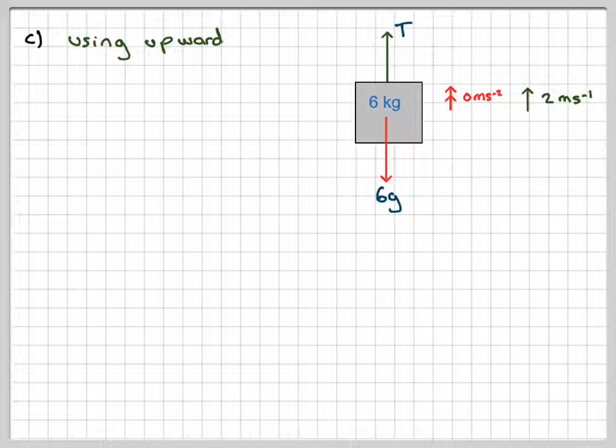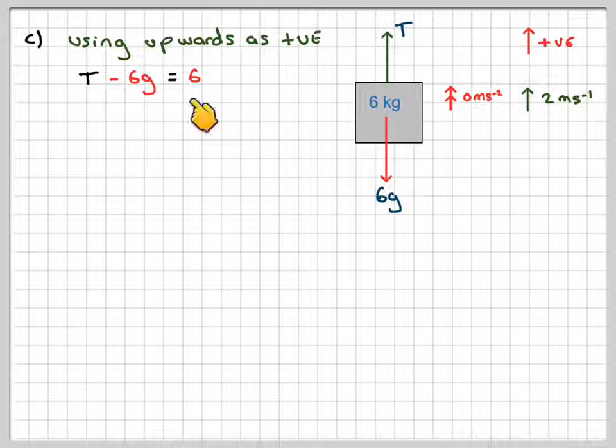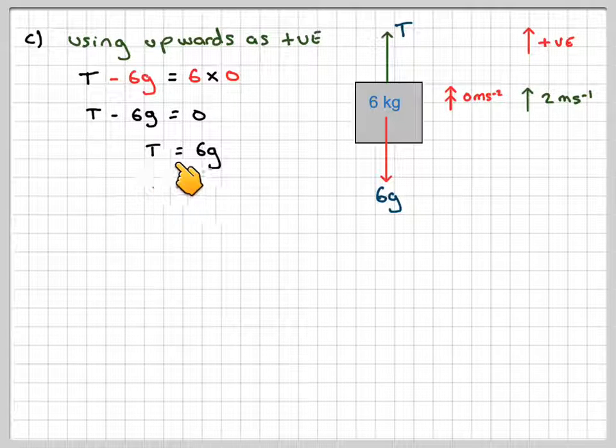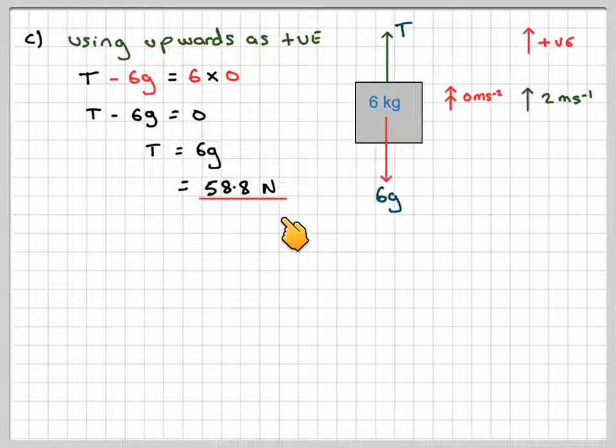So using upwards as positive, because it's moving upwards, T minus 6g is equal to 6 times the acceleration, which is in fact 0. So T minus 6g is equal to 0. If it's in constant velocity, then it's in equilibrium. So T is equal to 6g, which is 58.8 newtons.